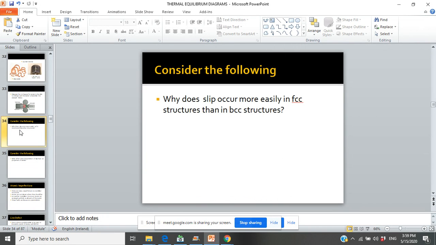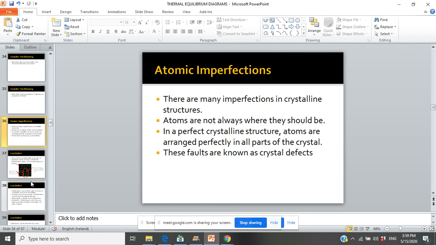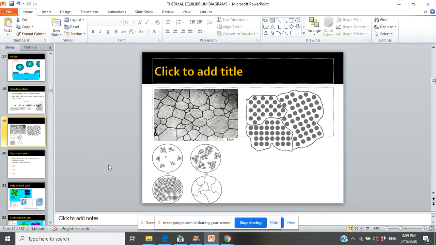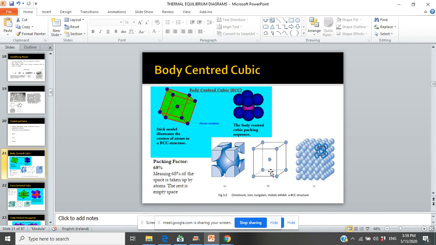The next thing we needed to talk about is defects. We talk about crystals, and I'm giving you pictures like this, where the atoms are arranged all perfectly, all happy. That never happens in reality.